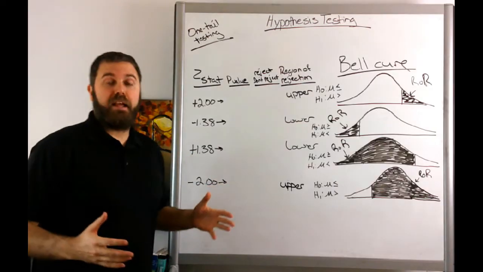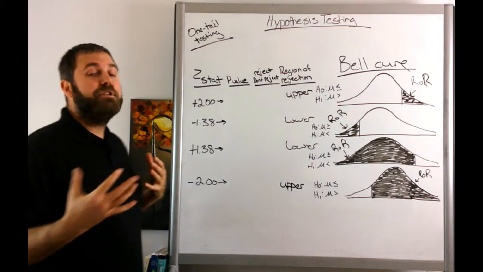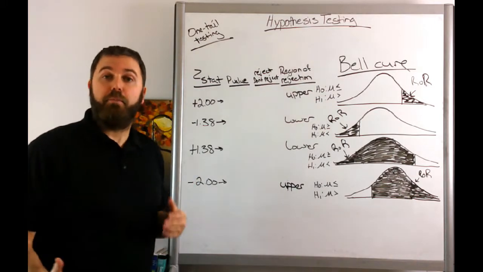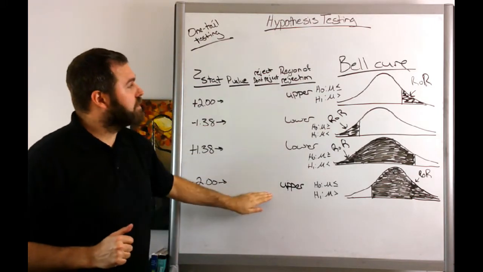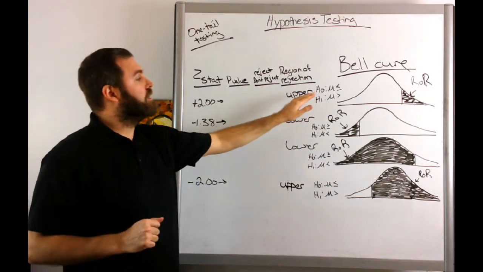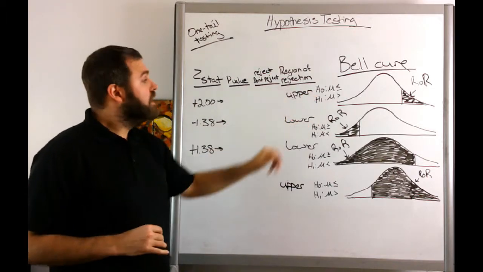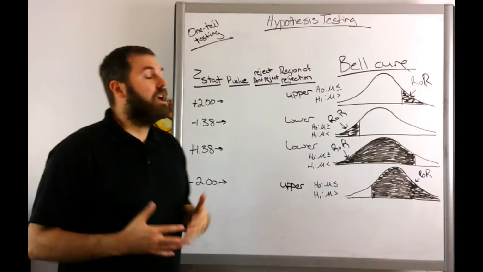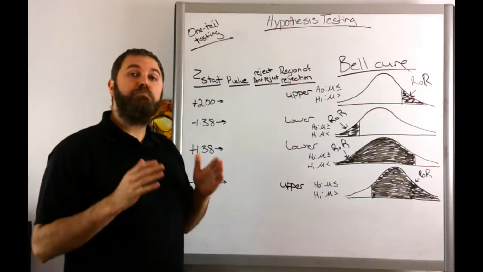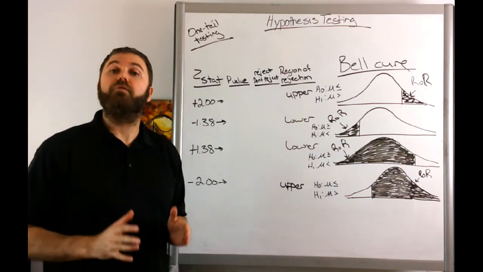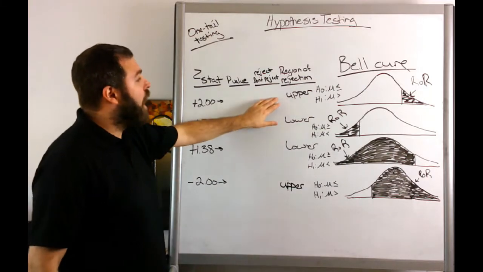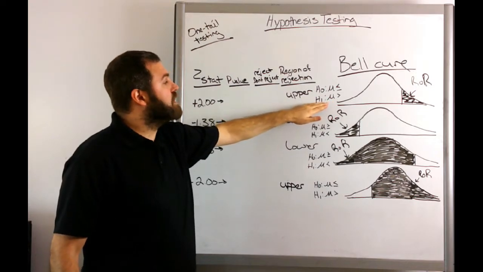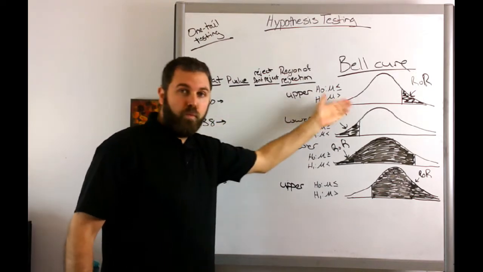So here we have a couple examples of some z-stats. Now, when you're dealing with one-tailed testing, it can be a little bit confusing when you're determining p. We have our different regions of rejection here with our different nulls and alternative hypothesis. Now, when you're looking at the null and alternative hypothesis, the alternative hypothesis always points towards the region of rejection. So, in an upper tail region of rejection, the mu is going to be greater than whatever it is.